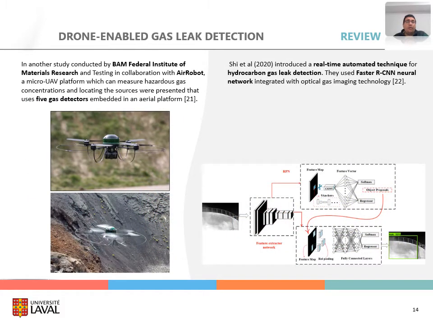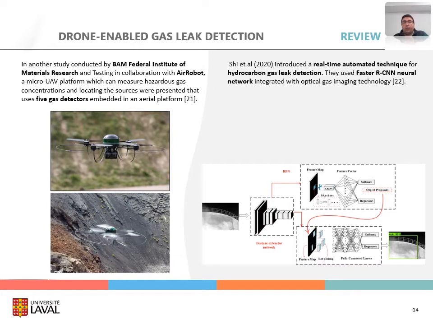In another study conducted by BAM, the Federal Institute for Materials Research and Testing, in collaboration with Air Robots, they presented a micro UAV platform for measuring hazardous gas concentrations and locating their sources using 5 gas detectors embedded in an aerial platform.